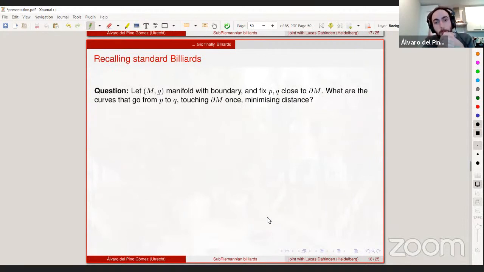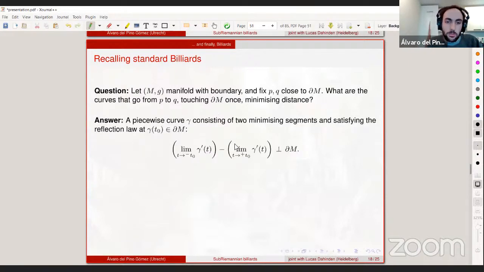So what is the point? In classical billiards, we've said that studying geodesics is a minimization problem. And it turns out that billiards are the natural minimization problem analogous to this, but with boundary. What is the problem? You take the boundary and ask: what is the optimal way of going from a point P to a point Q, if I'm forced to touch the boundary once? The optimal way is that you go here with an incoming angle, and here you have an outgoing angle.